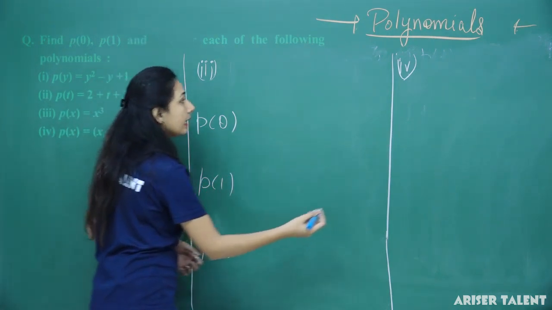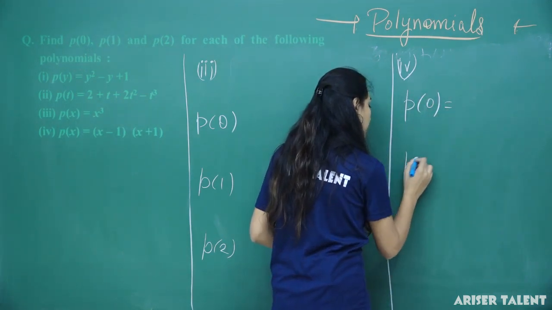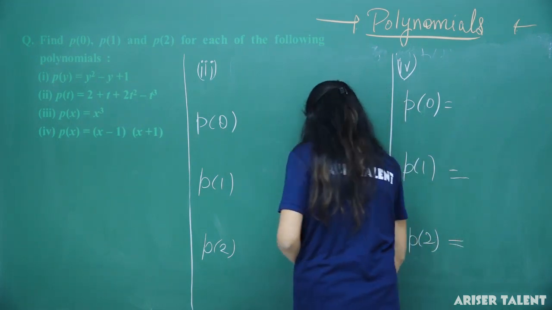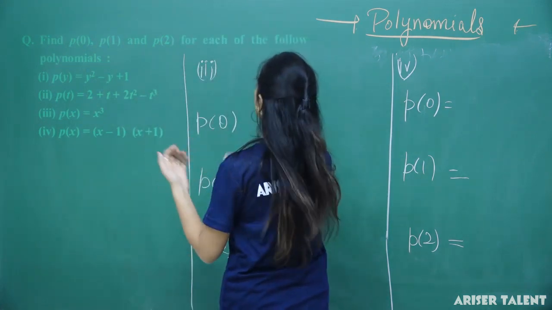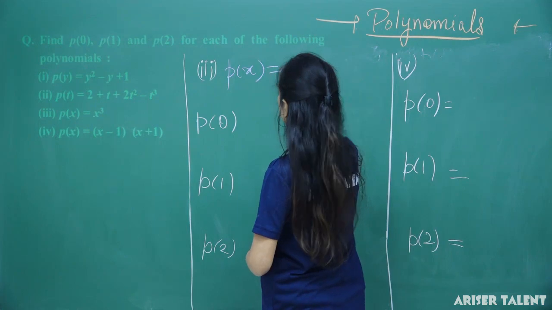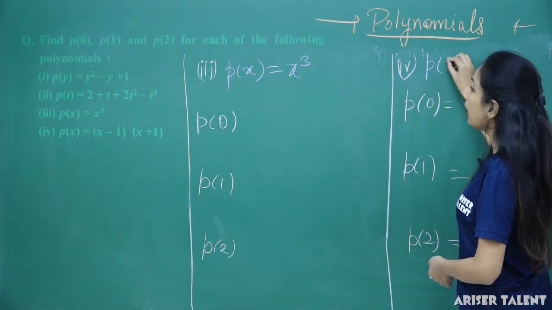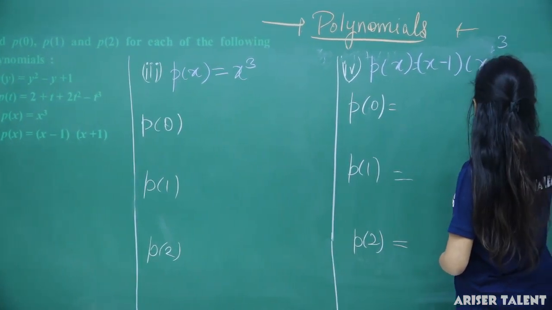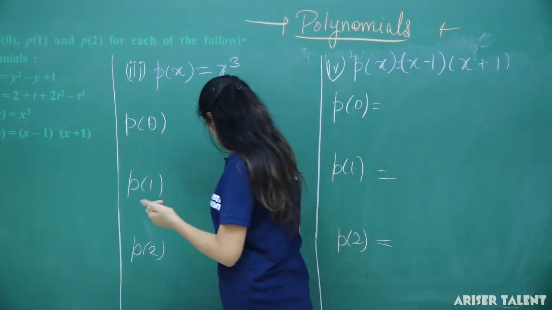Okay, so our equations are here: P(x) for the third question is x cube, and for the fourth question P(x) is equal to (x minus 1)(x plus 1). Right? So this is the case.